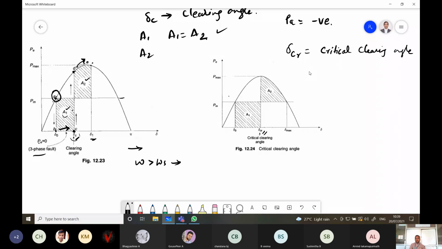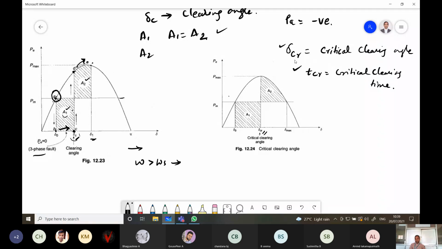Critical clearing angle corresponds to the time called TCR, the critical clearing time. At this time, the system may not come back to the stable position, or it will go to the unstable region.